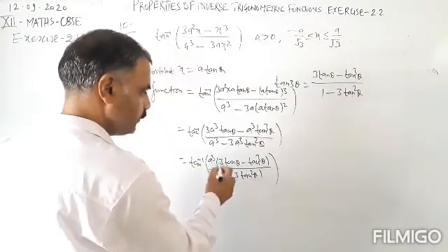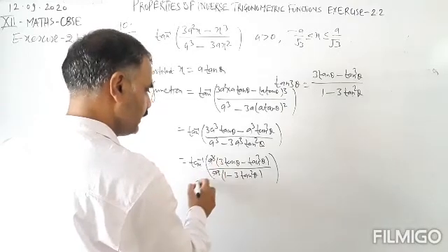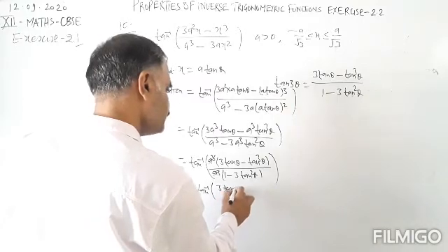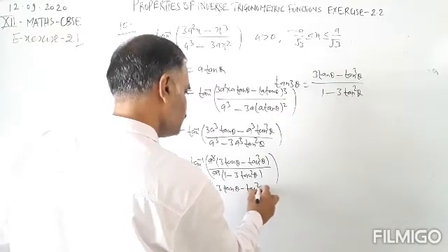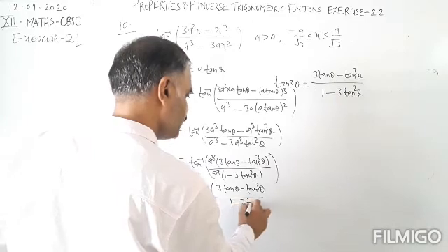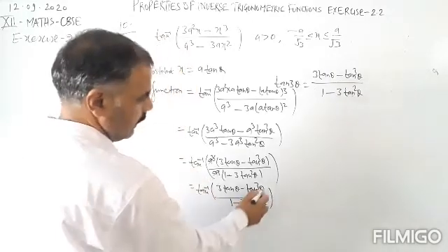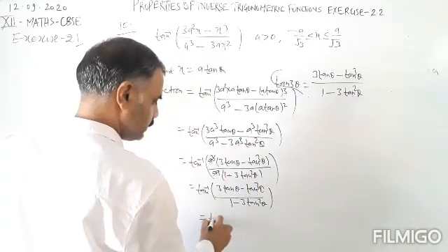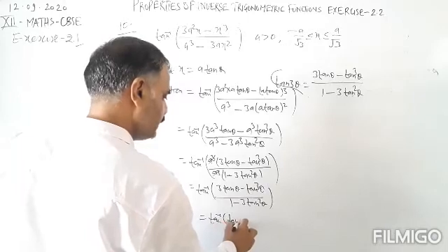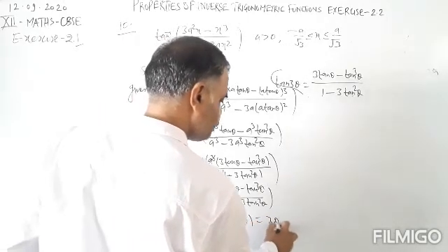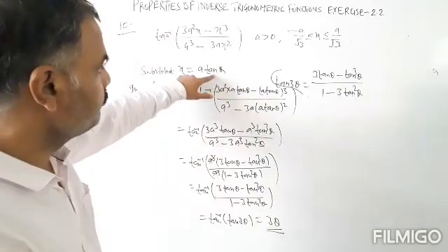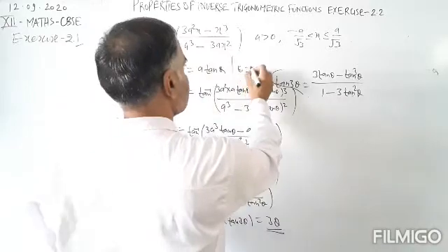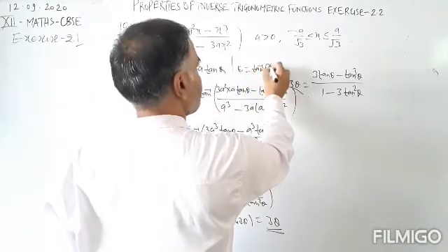a³ will divide a³. So this is tan inverse of (3 tan θ − tan³θ) divided by (1 − 3 tan²θ), and this identity is tan 3θ. So it equals tan inverse of tan 3θ, that is 3θ, and from the substitution we have θ equals tan inverse of x upon a.